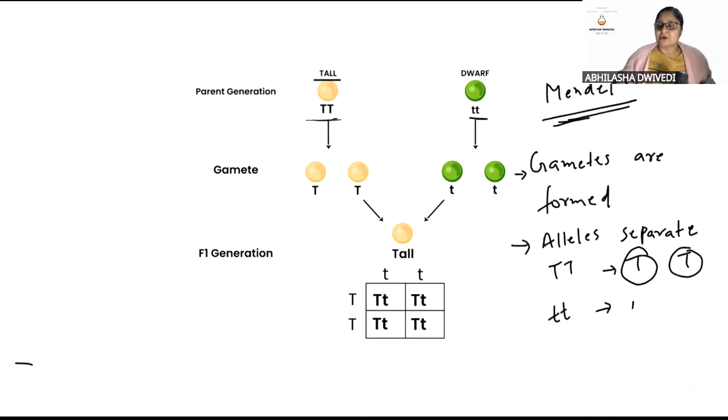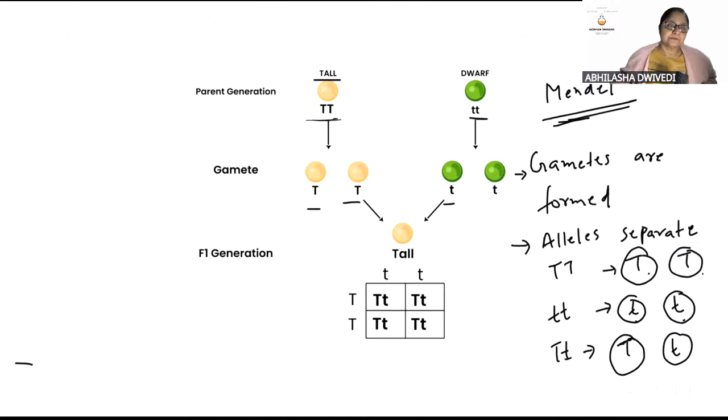So this is also a gamete. This is also a gamete. Haploid, right? One set of chromosomes. This is separate, this is separate. And if it is heterozygous, what will it be? It will be T and t. So gametes are ready now.